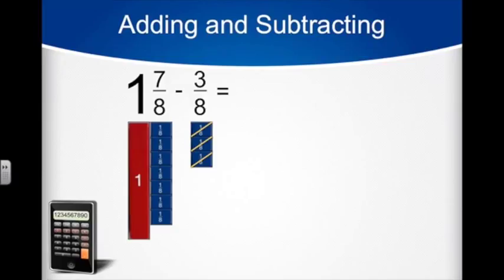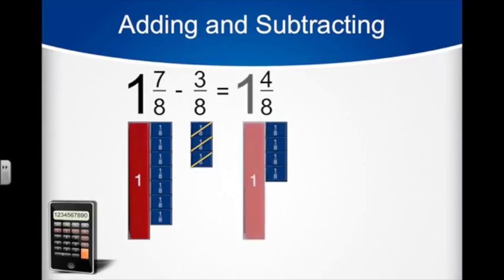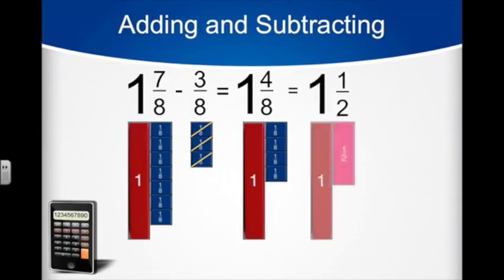In this case, when we subtract the fractions, the minus 3/8 cancels out 3/8 of the 7/8, and 7/8 minus 3/8 is 4/8. Finally, the whole numbers are 1 and 0, so 1 minus 0 is 1. Now we know our answer is 1 4/8, which reduces to 1 1/2.